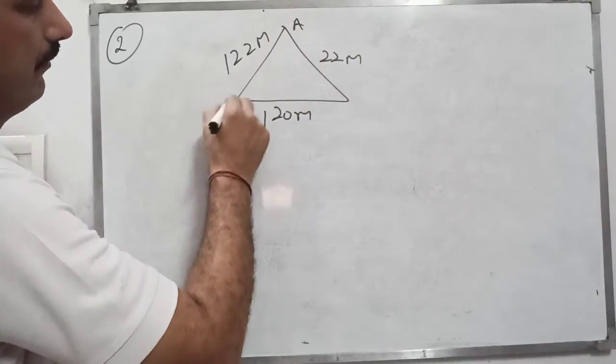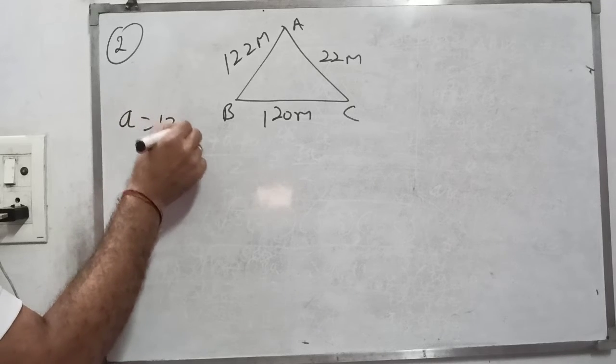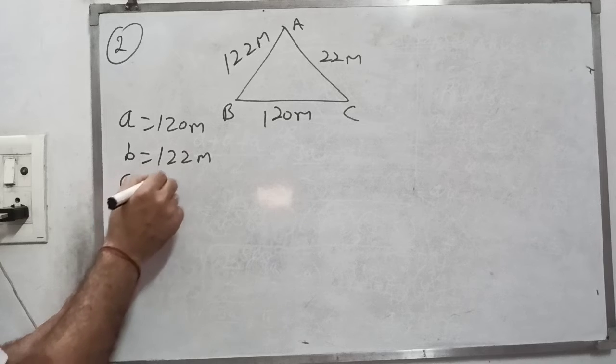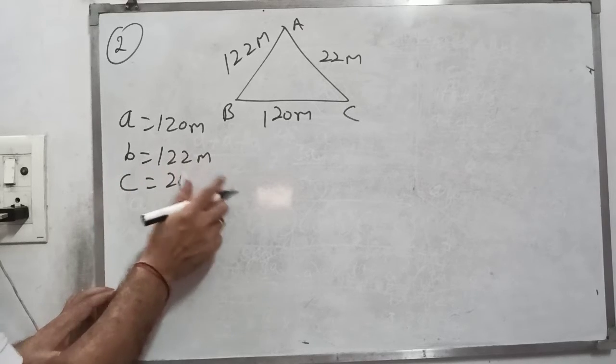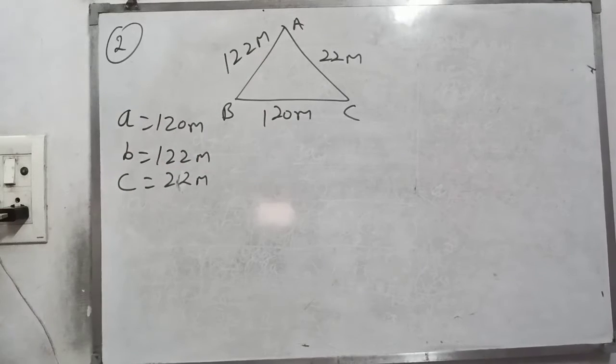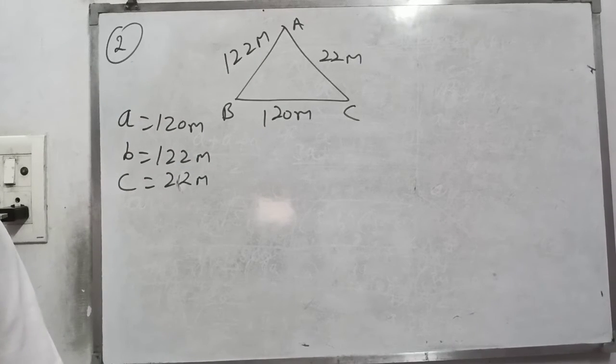So A equals 120 meter, B equals 122 meter and C equals 22 meter. The advertisement earns rupees 5,000 per meter square per year. A company hired that wall for 3 months. How much rent did the company pay?